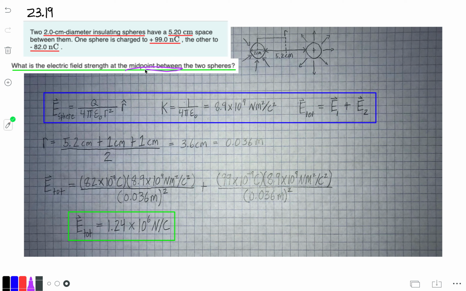So if we're using the midpoint, we need to solve for the distance between them. So we're going to do this right here. And what we're going to do is essentially try to solve for this radius, or r, so we can use this equation for the electric field strength of the sphere.